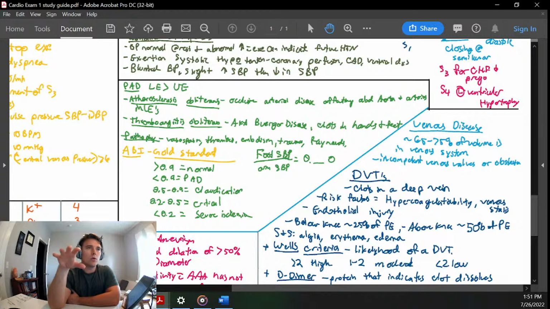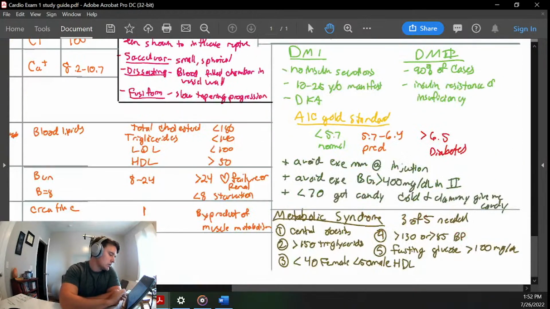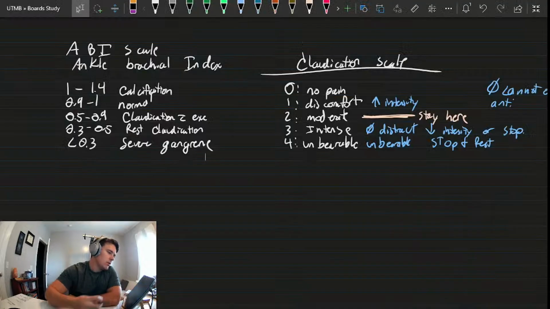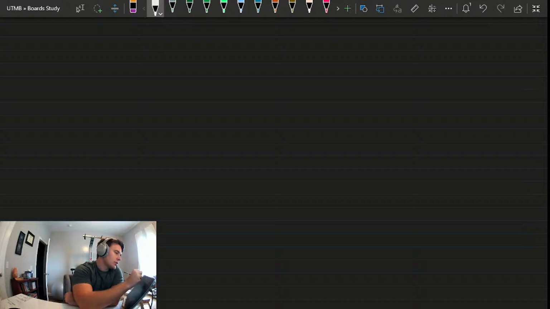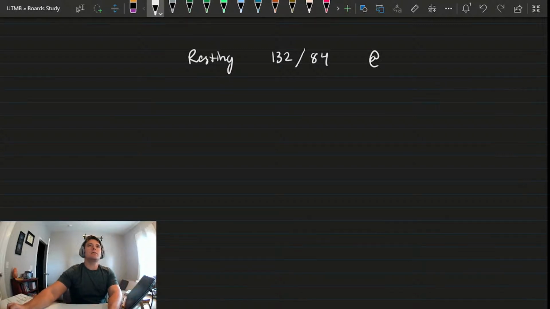Whatever. If they sit down and their symptoms resolve, because their blood pressure goes down whenever they're exercising. So let's do it for instance. Patient has a resting blood pressure of 132/84, which is a little high, don't get me wrong. Let's pull up METs.